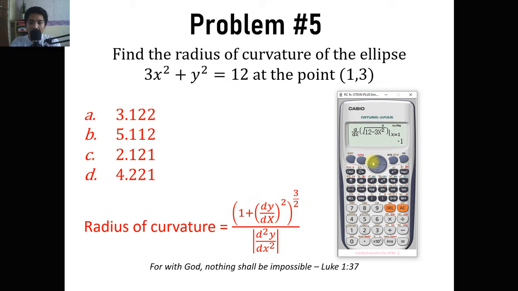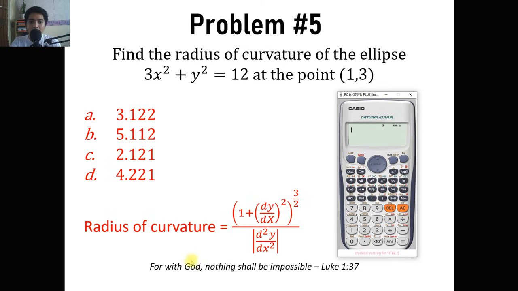Going back, we add 1 times 10 raised to negative 5 for our second derivative, and store it in B. Using the formula for the second derivative, we have B minus A all over 1 times 10 raised to negative 5. We get negative 1 point something, and store it in C. That is the value of our second derivative.